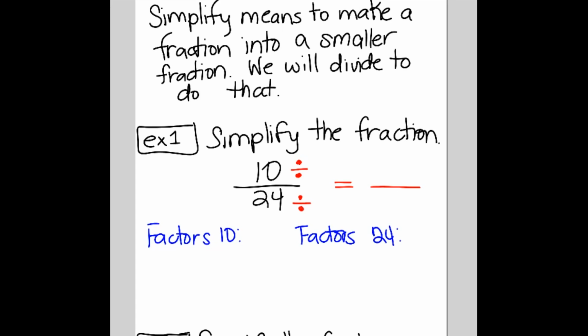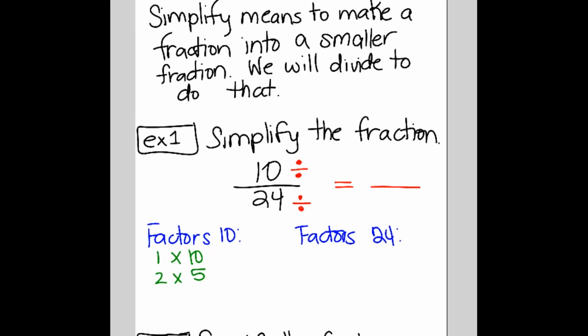What two numbers can I multiply together that will give me 10? That's what that's saying. Or what two numbers can I multiply together that will give me 24? So far, if we have 1 times 10, that's a factor pair. If we had 2 times what? 2 times 5. Is there anything else? No, 5 times 2, but we don't have to write that again because we already have 2 times 5 on there. So those are our factors for 10.